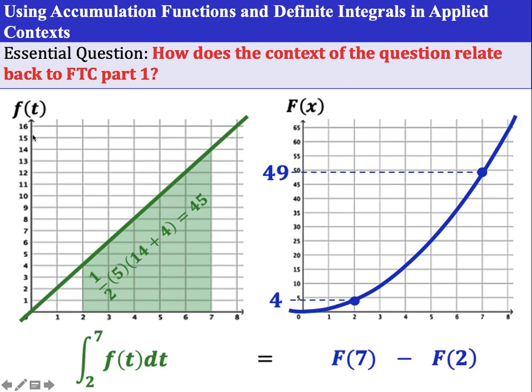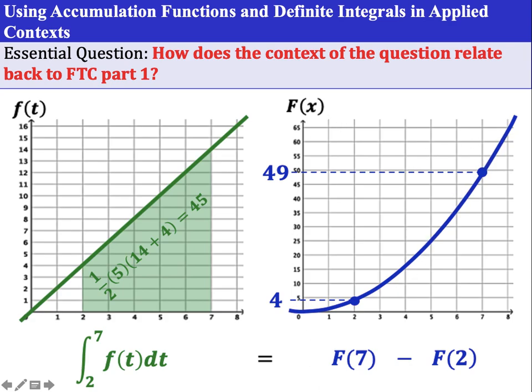Looking back at this anchor chart, we accumulated the area underneath this linear function, and that linear function was 2x. Accumulating the area meant we could geometrically determine this region from 2 to 7, and we know that we got 45 for that. Then we looked at the antiderivative, which was x squared.